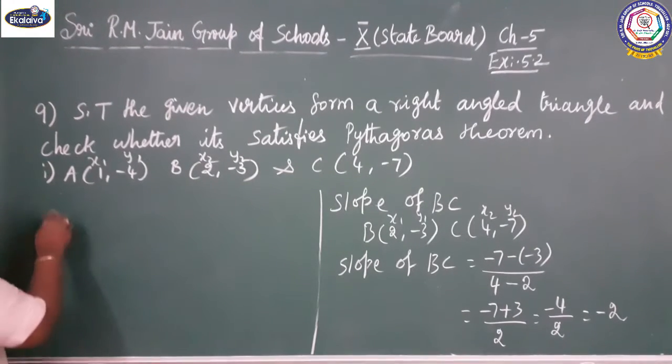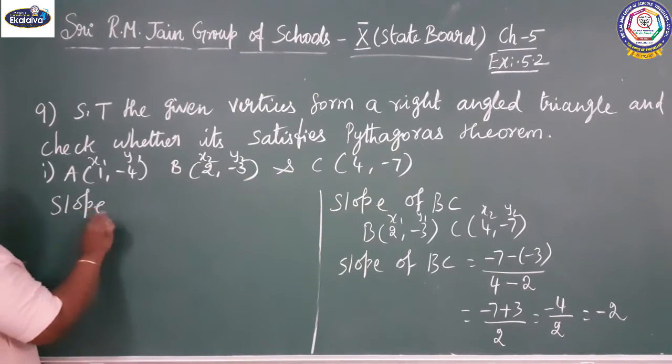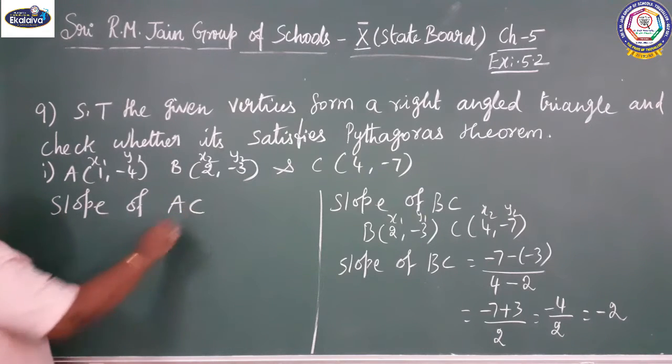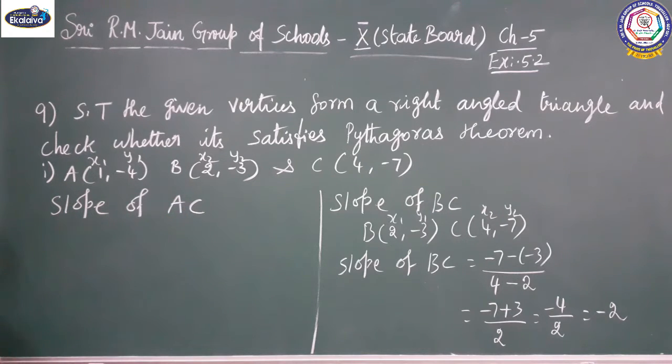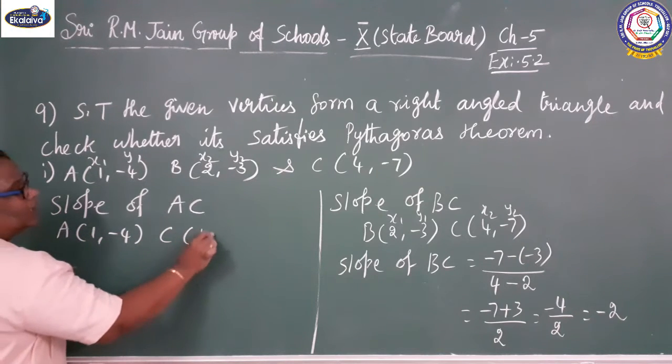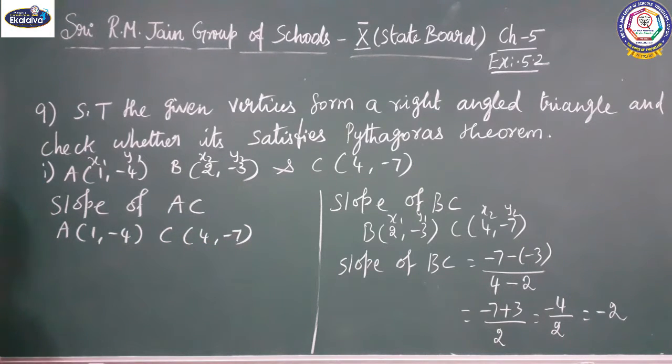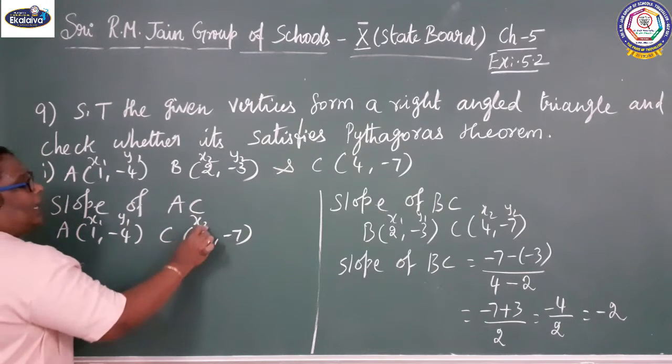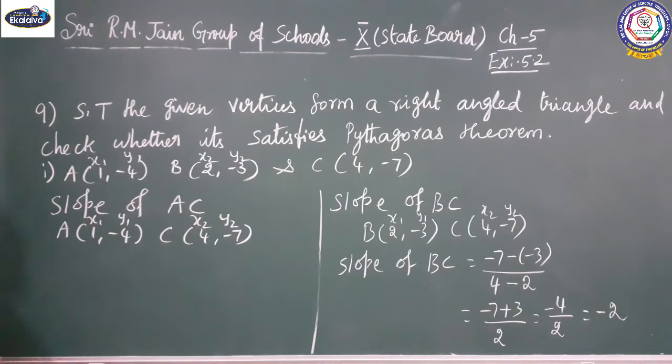Next you should find out the value of slope of AC. What is the A value? 1 comma minus 4. C value is 4 comma minus 7. You can mark it as x1, y1 and x2, y2. Slope of AC equals y2 minus y1 by x2 minus x1.